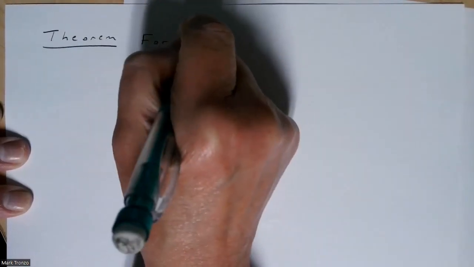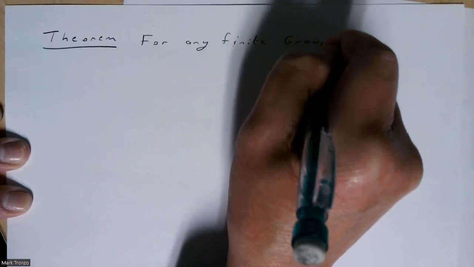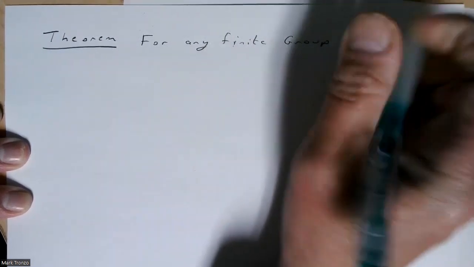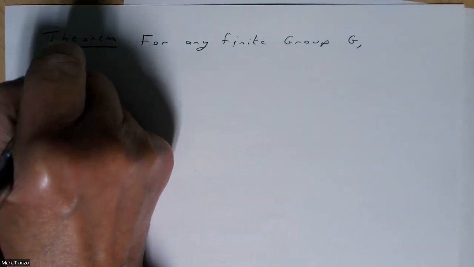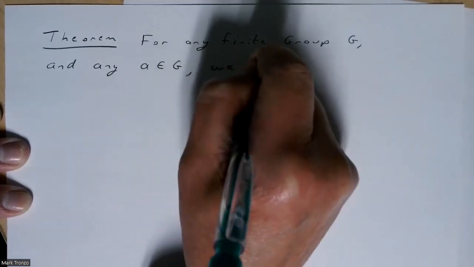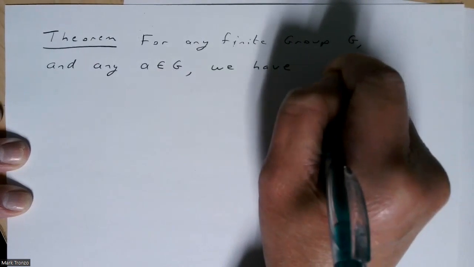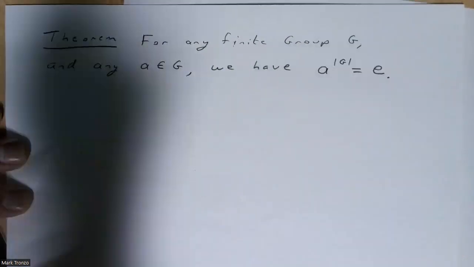So another theorem or corollary related to the ones we've just done would say, for any finite group G and any A in G, we have A to the order of G is going to give the identity.